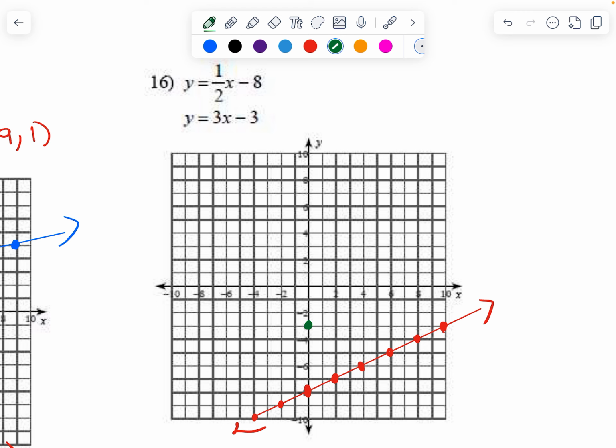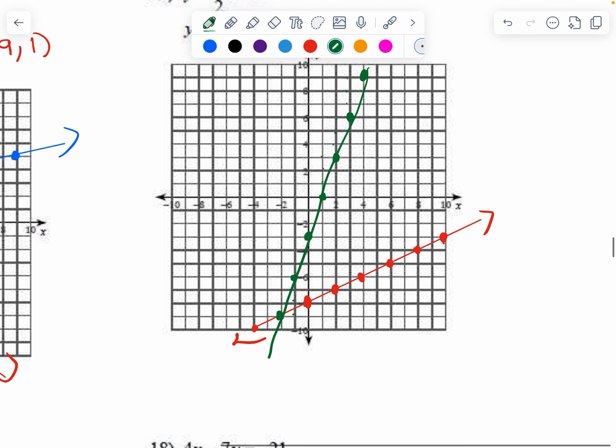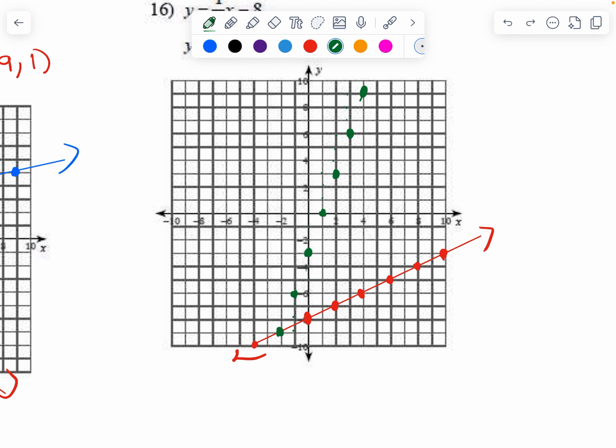I'm going to go up 3 over 1, up 3 over 1, or down 3 over 1. Oh, look at that. They ran into each other. There we go. So that is at the point -2, -9.